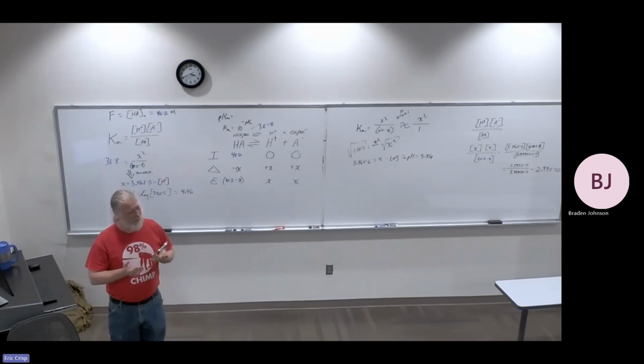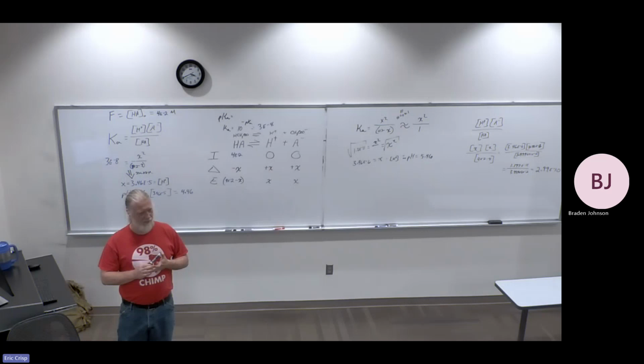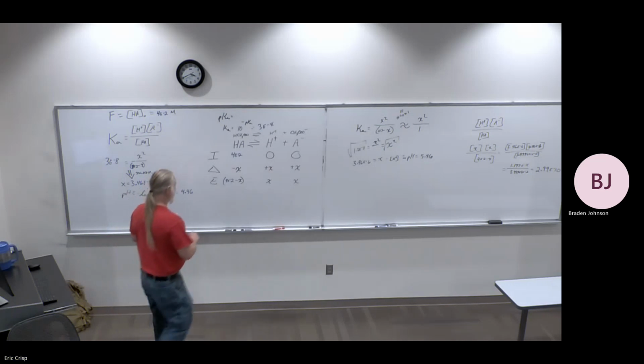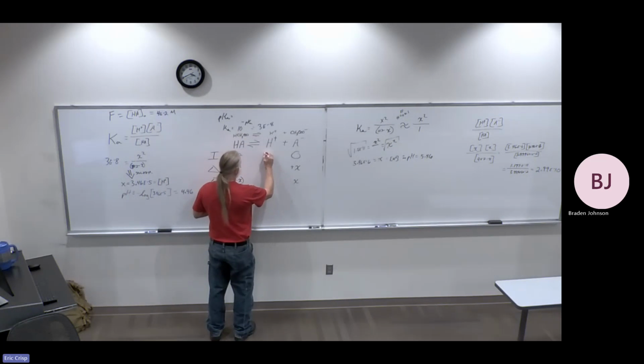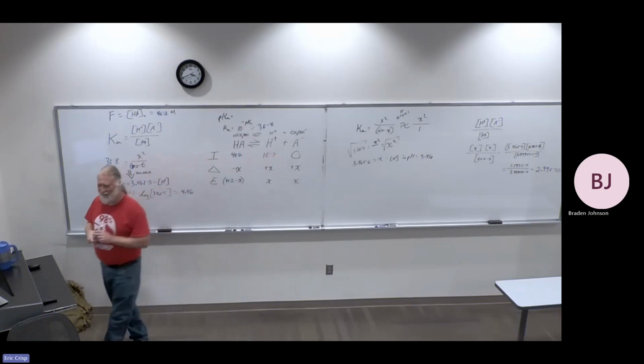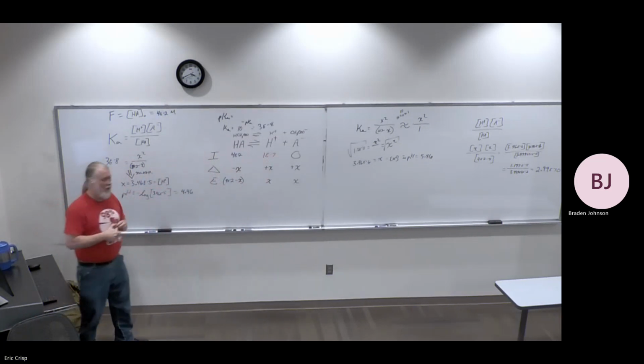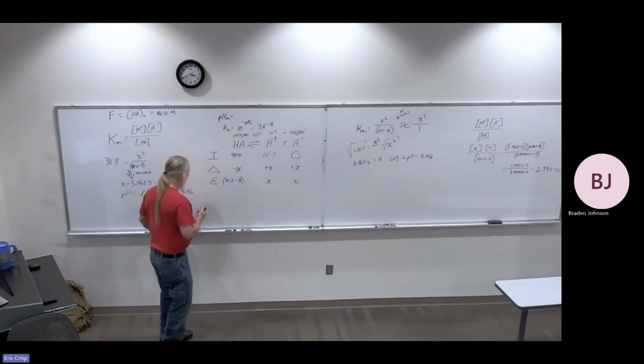Oh, wait. Doesn't that imply that there's a concentration of H plus to start with? What is that starting concentration of H plus? Right? Well, I don't know. Will that change things? We should check.